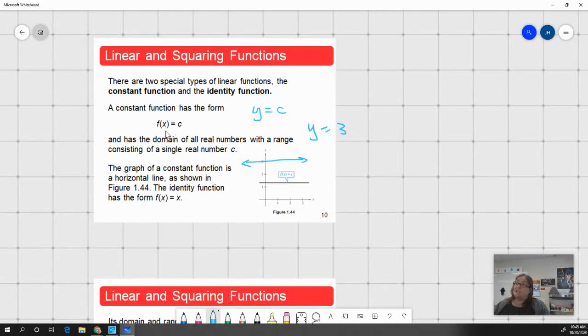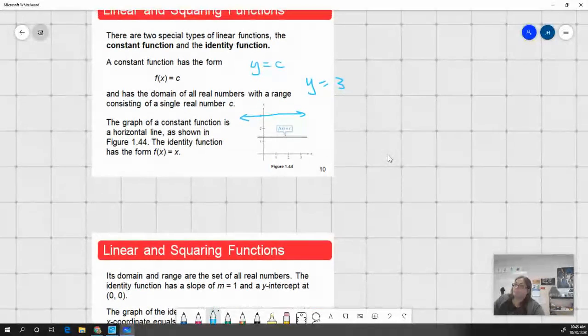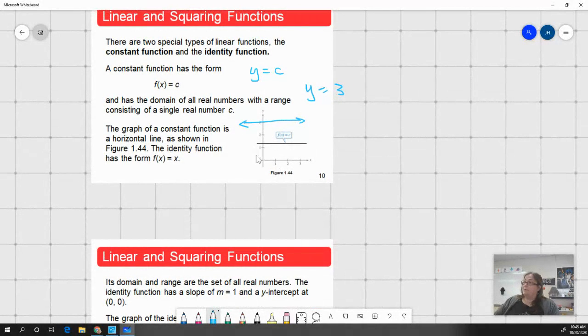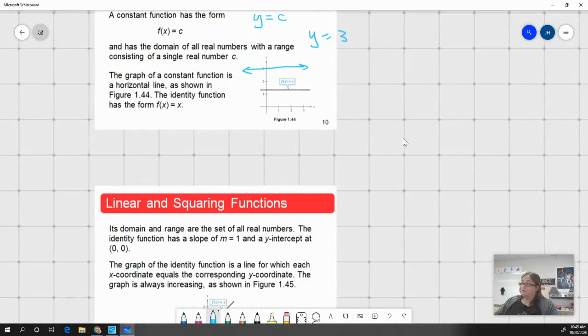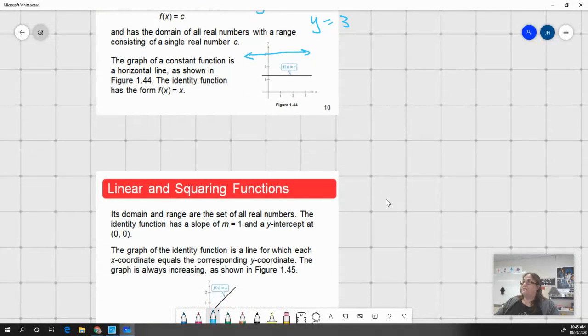That's all that means. f of x is y. c is just some number, right? We don't know what the number is. If the number was 3, it would be at 3. But your parent function is y equals c, and we just have some random number that's going to be c to show you how the parent function of that is.